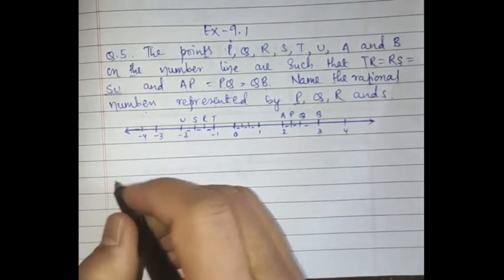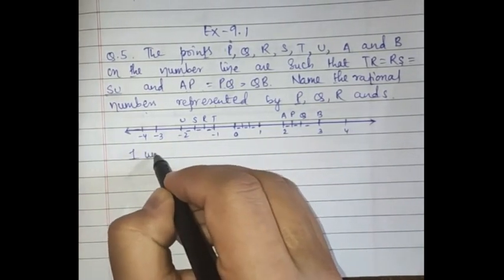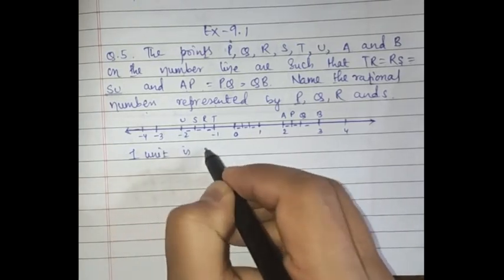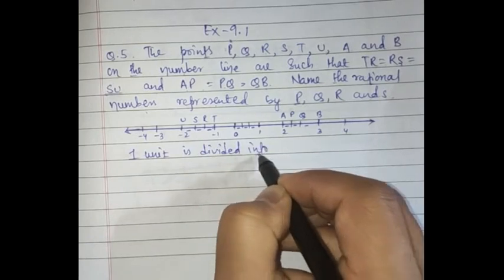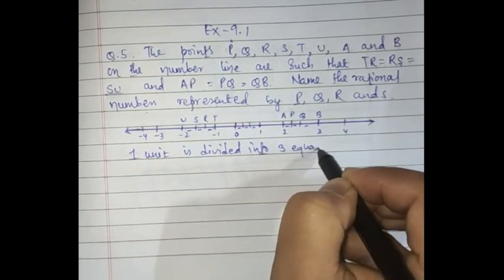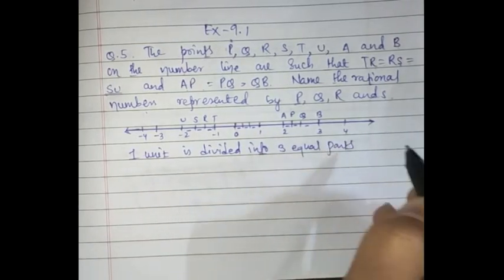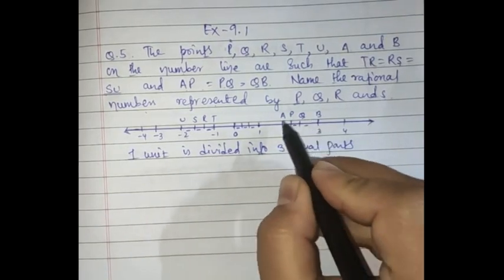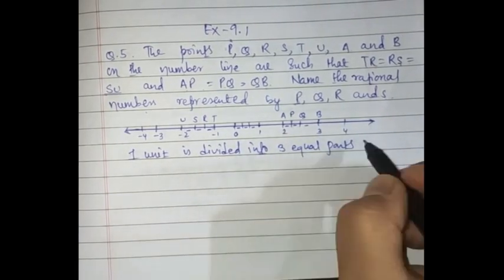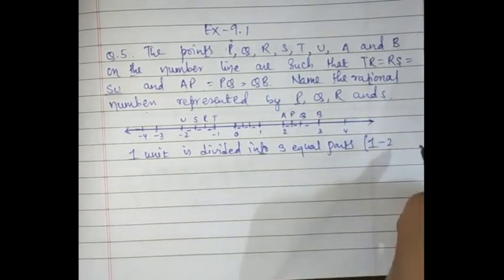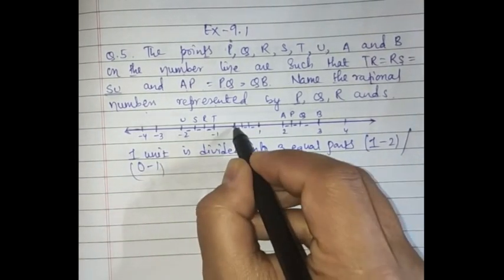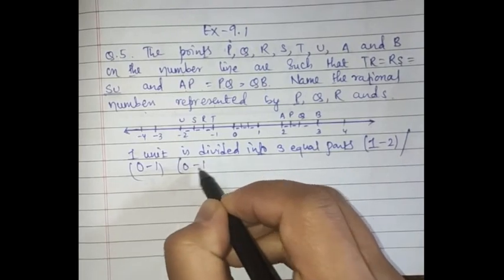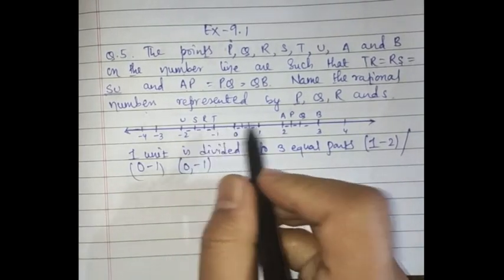So you can write that 1 unit is divided into 3 equal parts, isn't it? So from this it is concluded that 1 unit means 1 to 2 or 0 to 1, 0 to minus 1. Okay, so this is called 1 unit.